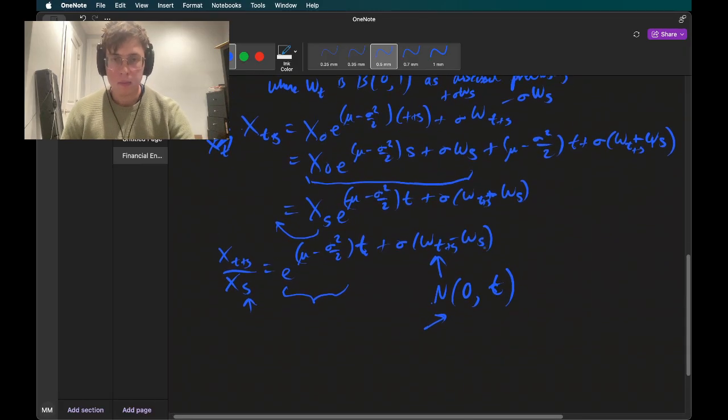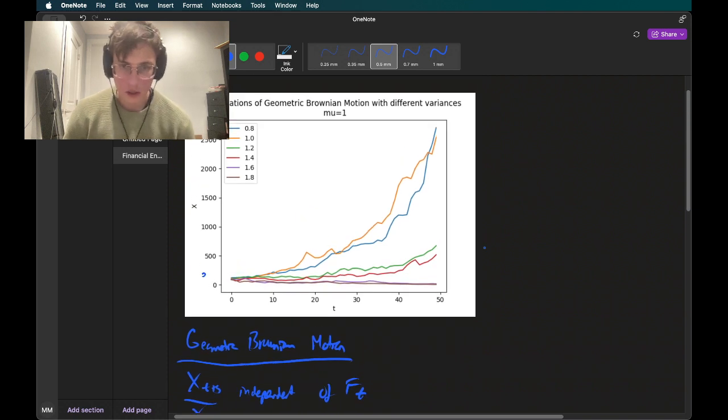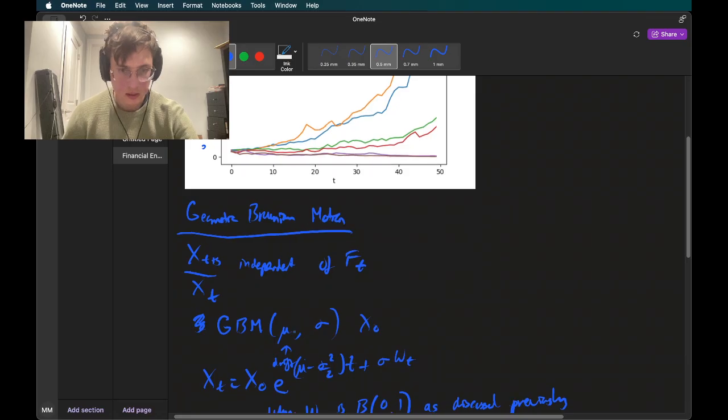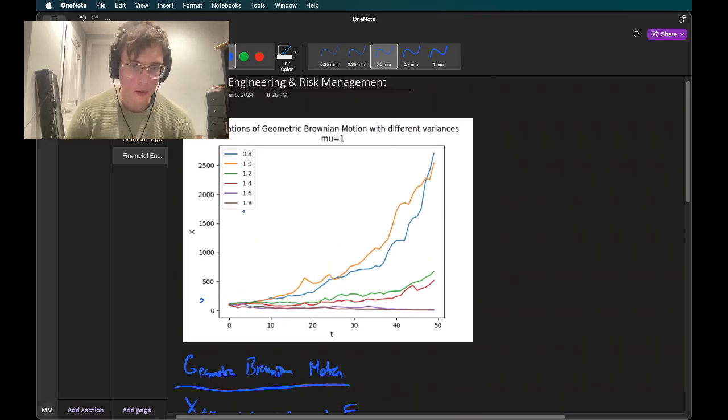Other things that I wanted to talk about. Here's a graph of geometric Brownian motion with different variances, and mu equals 1. Mu is fixed, and then we have different values of sigma: sigma 1.8, sigma 1.6, sigma 0.8.